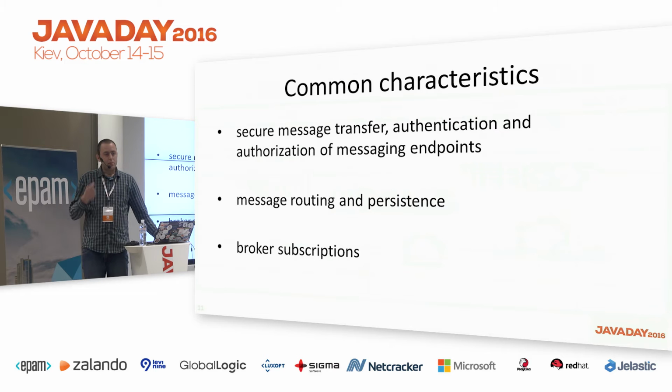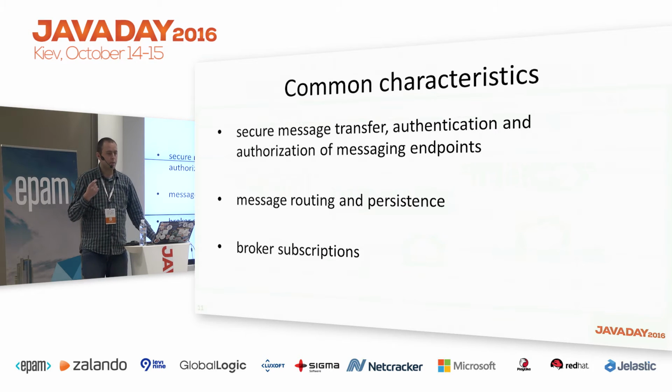In terms of some common characteristics of the message broker, each type of message broker has to provide certain common characteristics, such as the ability to securely send messages between a client and the message broker, whether that's the publisher or the subscriber. So you need to have a way to provide secure message transfer, also to have means for authenticating and authorizing message endpoints.